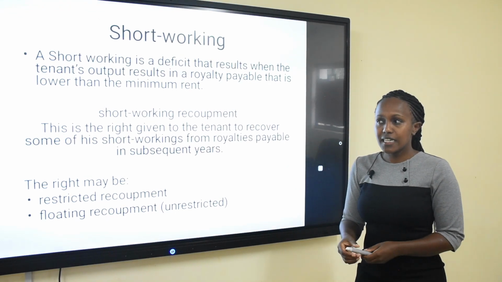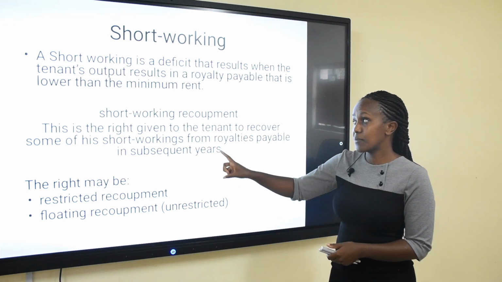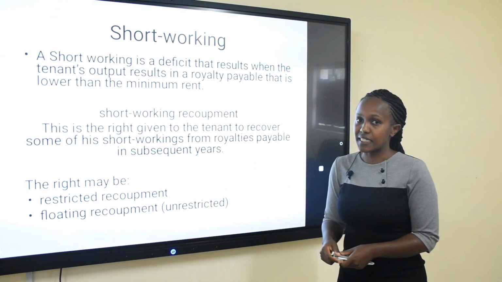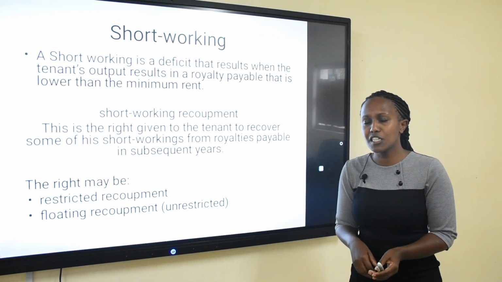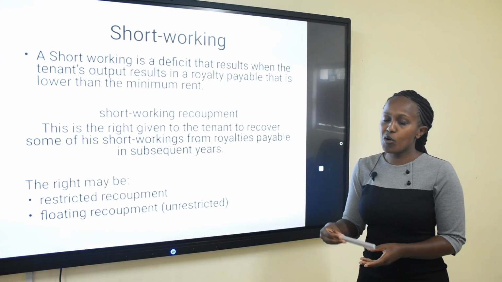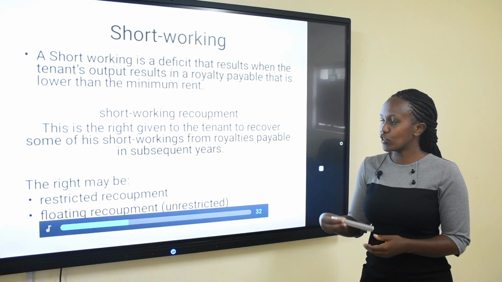At a later date, he may negotiate with the landlord to be given something we call short working recoupment, where it is a right that is given now to the tenant that in future, once you're able to make more money, you can recover the money that you lost in the past.